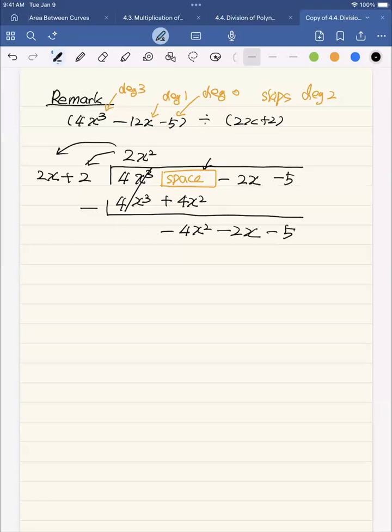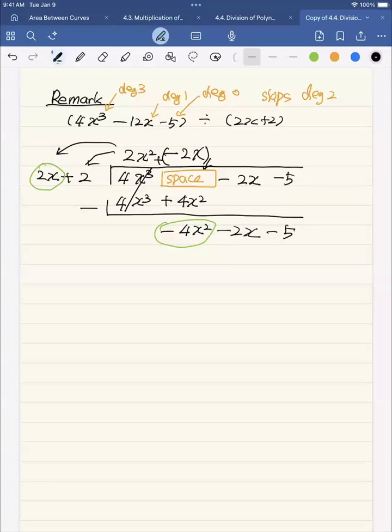And then we do a similar calculation. We focus on here and compare these two. Then that'll be minus 2x, and let's write plus minus 2x.